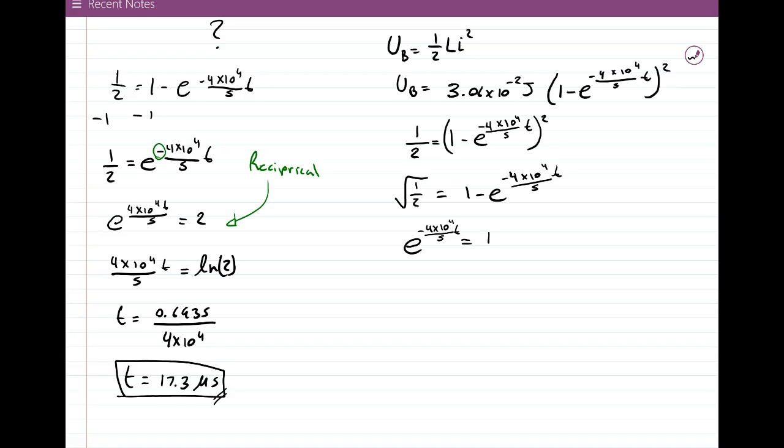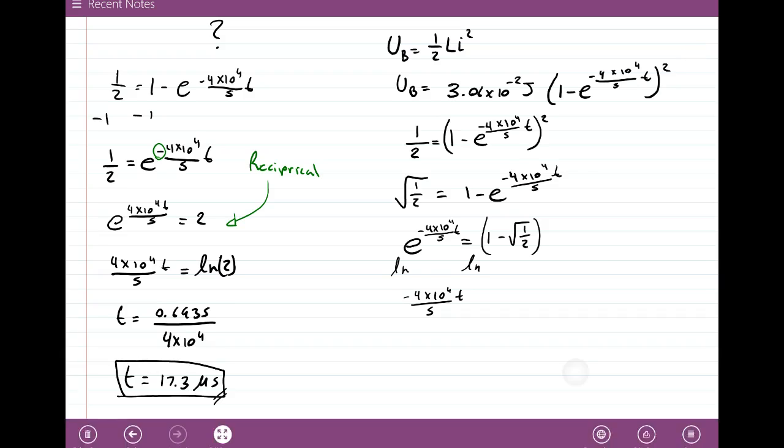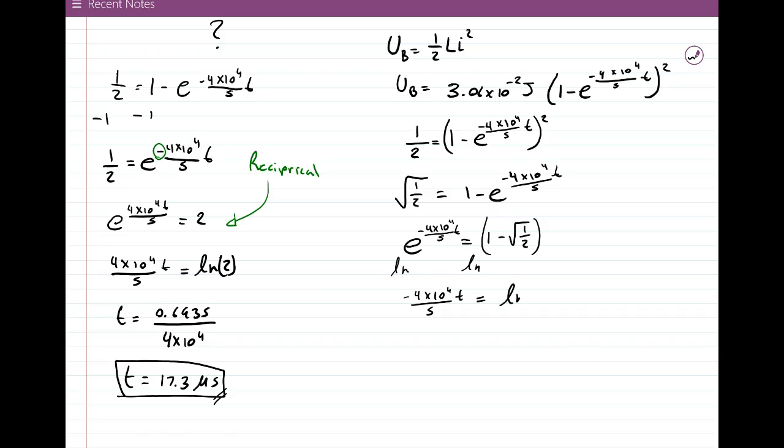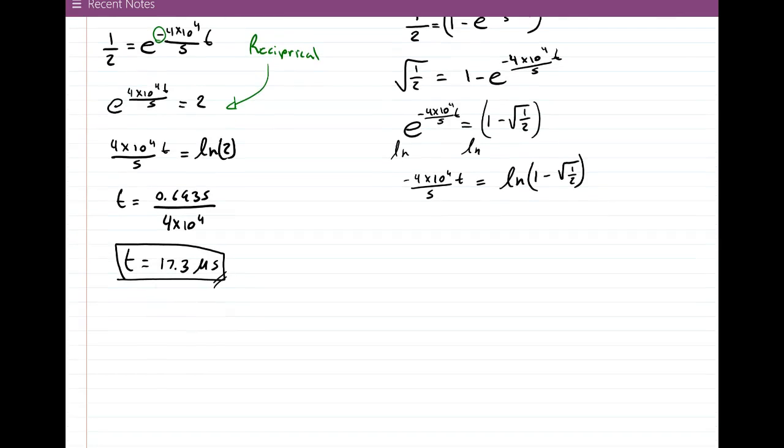Multiply by seconds, divide through by negative 4 times 10 to the 4th, and I'll have the time: negative 1 second times whatever the natural log of 1 minus 1 over the square root of 2 might be, divided by 4 times 10 to the 4th. That'll be the time when the energy is 1/2 of this. Somebody do that.